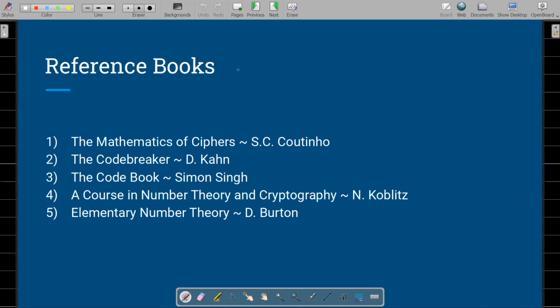I've done my cryptography through the Koblitz book, but a good book with history and stories is Simon Singh's Code Book, or even Kahn's Code Breakers, which also has a lot of history and stories related to cryptography. And if you want to do some number theory or solve more problems, there is one reference, Elementary Number Theory by Burton.